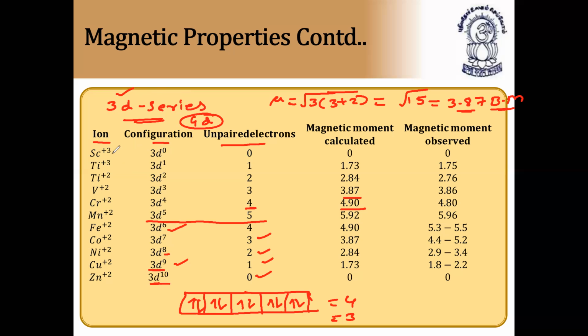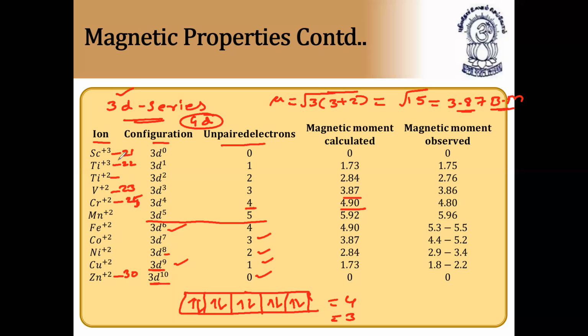So scandium is 21, titanium 22, like that you will get. Zinc is 30. So it starts with 21 to 30, and you have to remember the sequence. Vanadium 23, chromium 24, manganese 25.